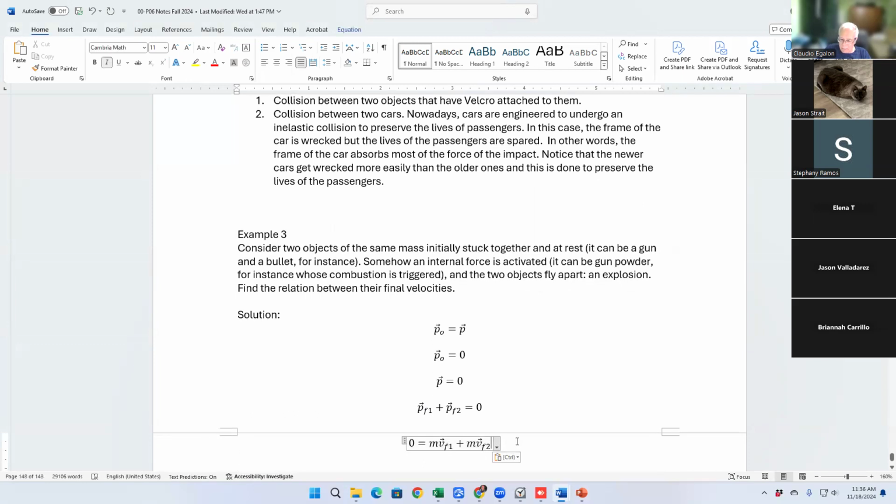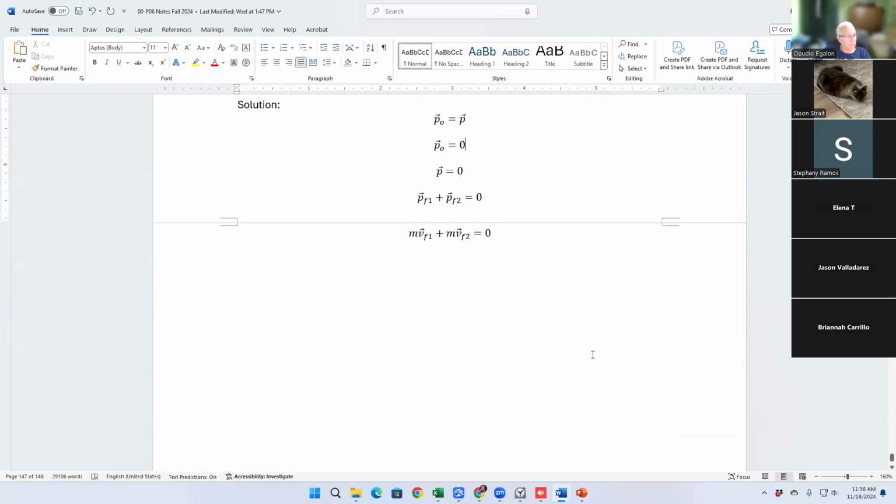That is, mass times V final of 1 plus mass times V final of 2.